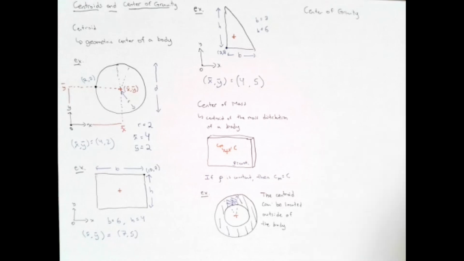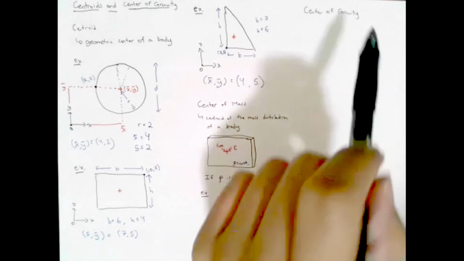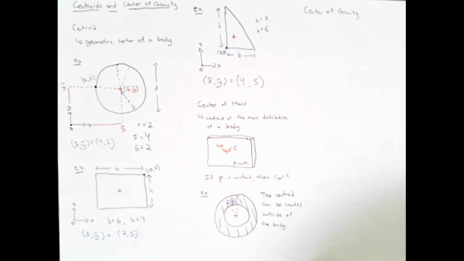However, in this class, most of our problems are going to be on Earth under standard engineering conditions, and therefore it's safe to say that the center of gravity and the center of mass will be located at the same point. So what that allows us to do is use the theory behind the center of gravity to find the center of mass of an object.